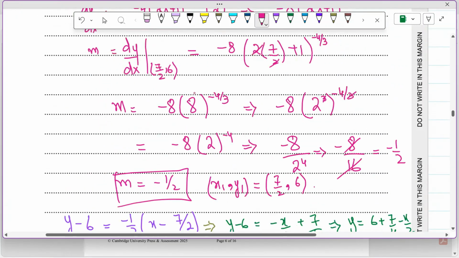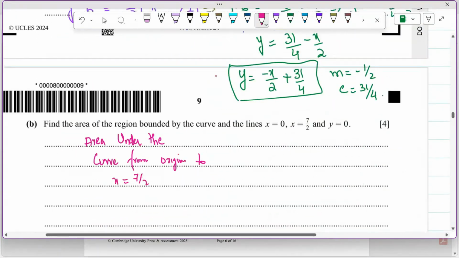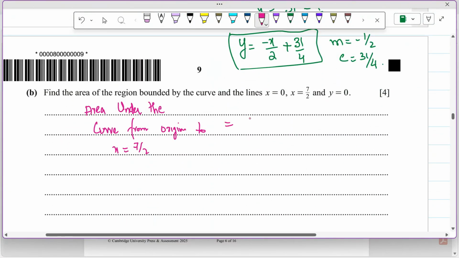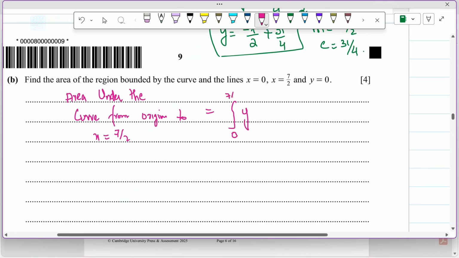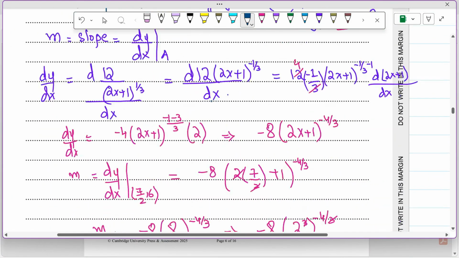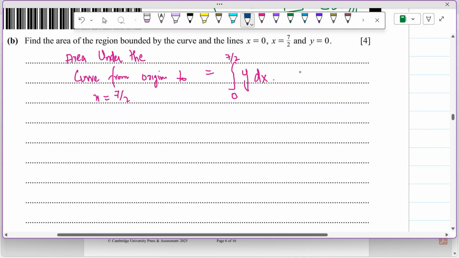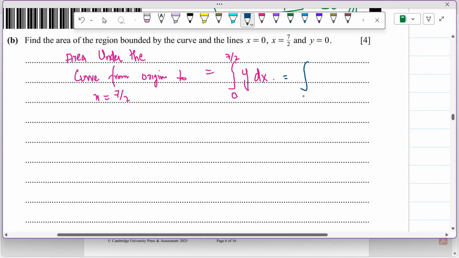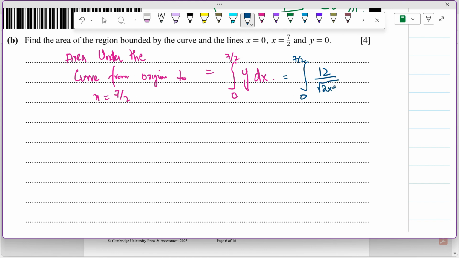We just need to integrate the given curve equation y from the origin, means x is equal to 0 to 7 by 2 with respect to dx. So we already have the y, which is 12 over cube root of 2x plus 1. So this one is integration from 0 to 7 by 2 of 12 over cube root of 2x plus 1 with respect to dx.